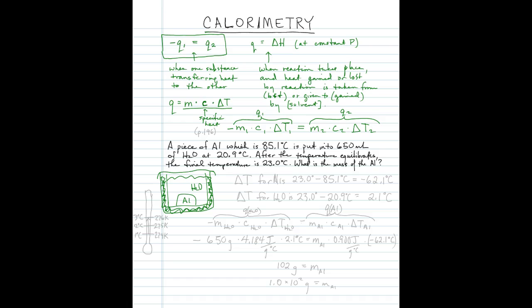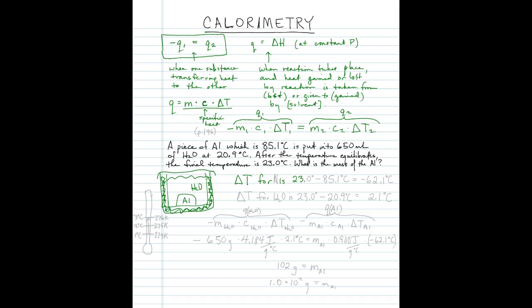Now, why am I suddenly using Celsius when we had to use Kelvin for everything before? It's because delta T is what we're doing here. Wherever there's a delta T, the two temperature scales are the same.